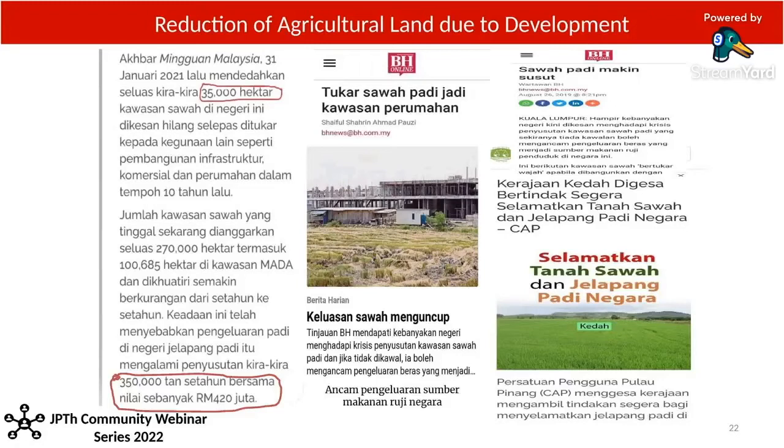This causes a reduction of about 350,000 tons per year, which costs 420 million ringgit Malaysia. So it's quite a great loss to the country. We need the yield, the rice itself, so it's not only the money, but the produce itself.